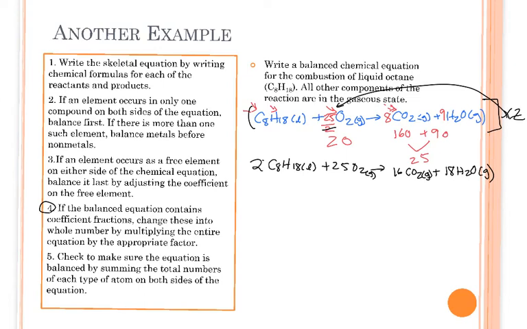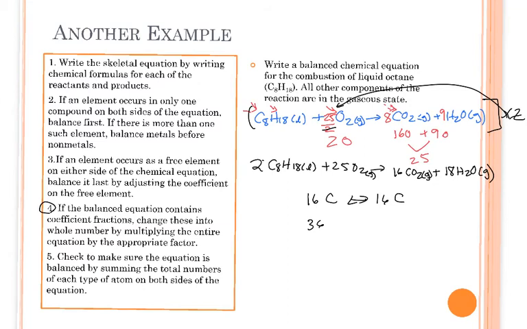Now, I just want to make sure that I have the correct numbers on both sides. So let's do, I have 16 carbons here on the left, and I have 16 carbons on the right.